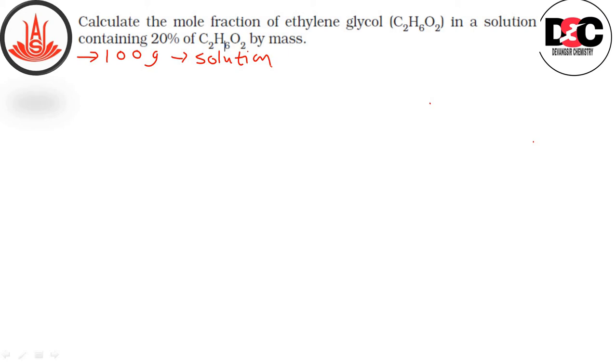So one can start with any amount of solution because the results obtained will be the same. The solution will contain 20 gram of ethylene glycol and 80 gram of water. By 20 percentage C2H6O2, what does it mean?